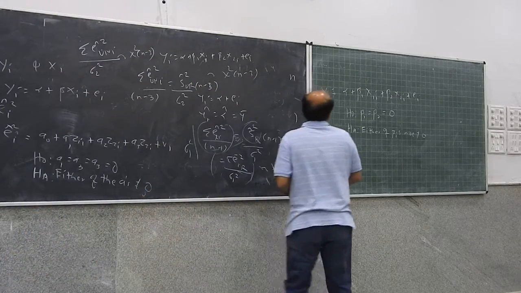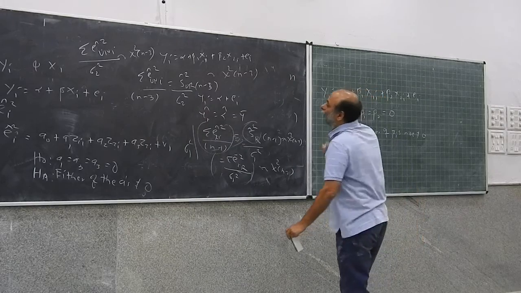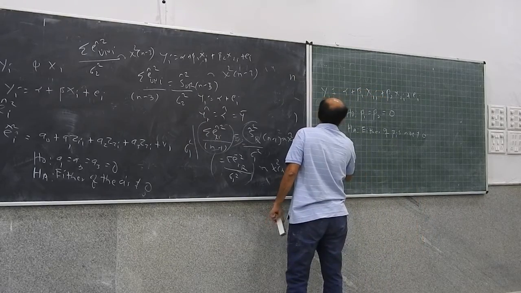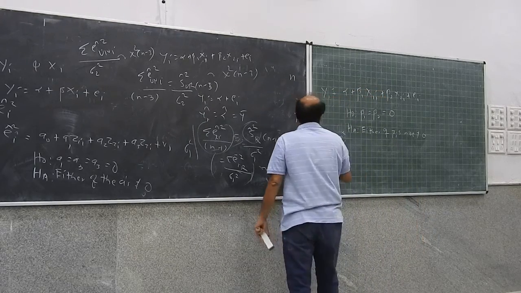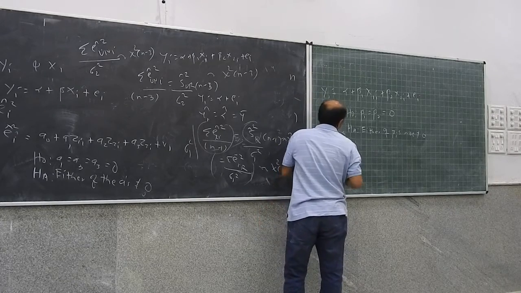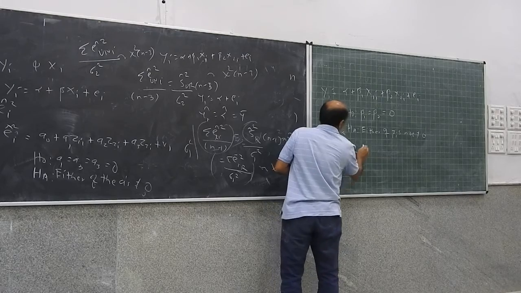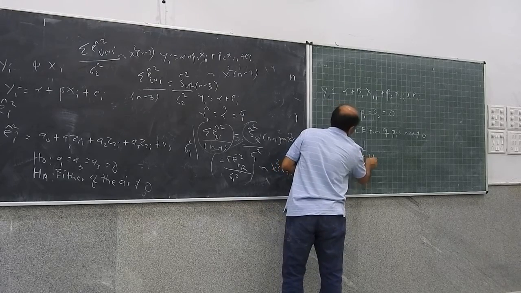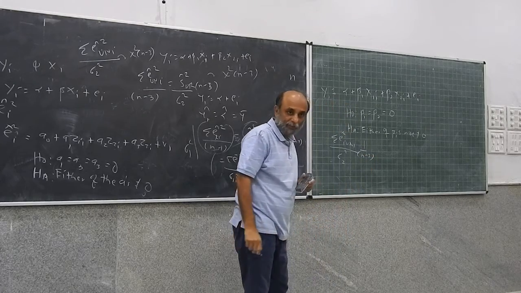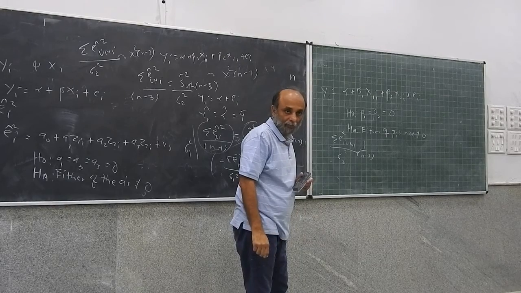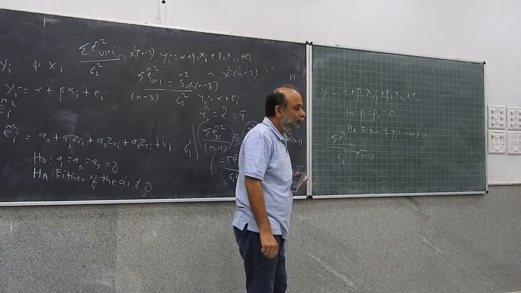So what it means, in black and white, is summation e hat square unrestricted upon sigma 2 square is a chi-square distribution with n minus 3 degrees of freedom.